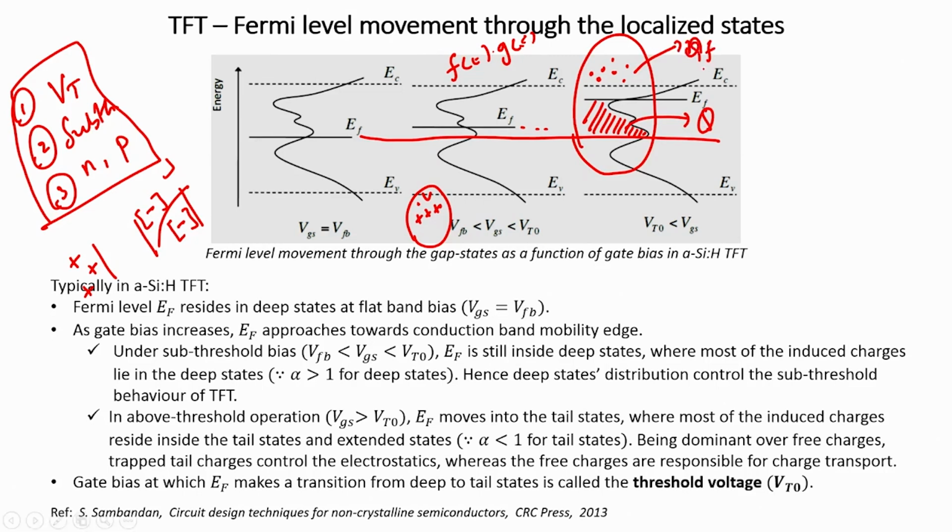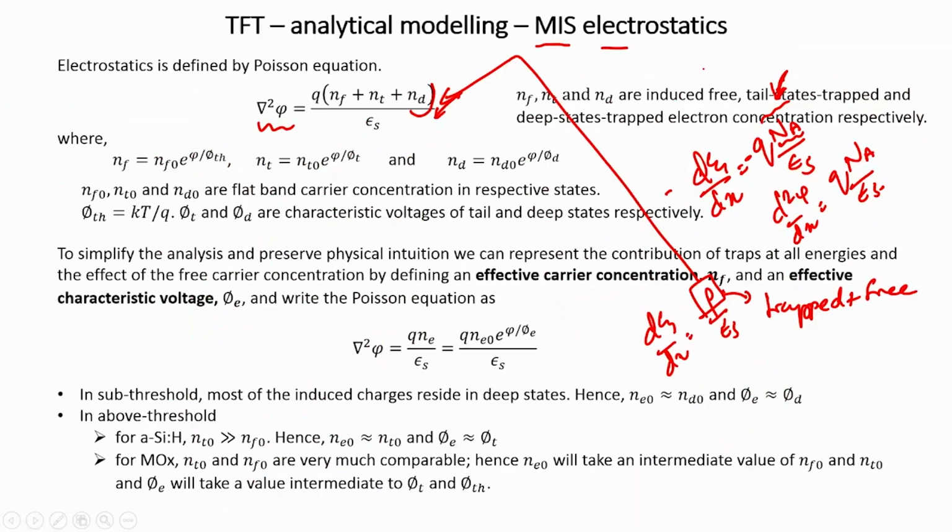Therefore, we now have a Poisson's equation which has a free carrier concentration and a trapped carrier concentration, the trapped carriers in the tail states and the trapped carriers in the deep states. So, you have 3 terms: the free carriers sitting above the conduction band edge, the trapped carriers in the tail states and the trapped carriers in the deep states.